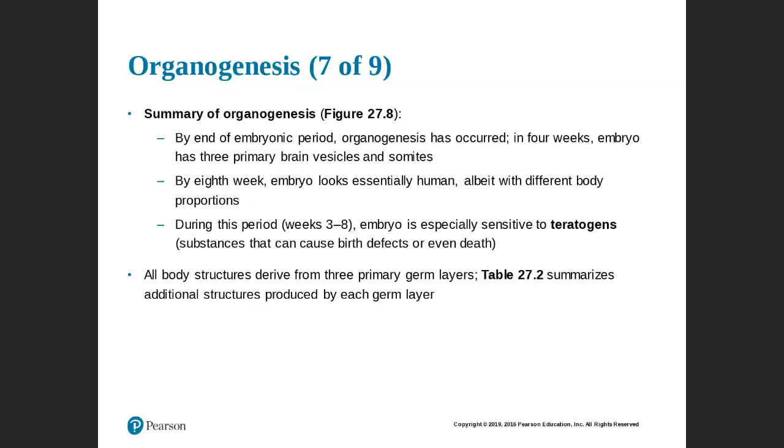We used to give, for example, tetracycline and erythromycin to pregnant mothers until we found out it rotted their teeth. So a lot of this was done by trial and error, learning from developmental defects. Unfortunately, that's how it happens. So anyway, all the body's structures will derive from your 3 primary germ layers.